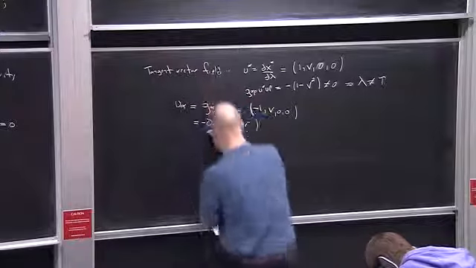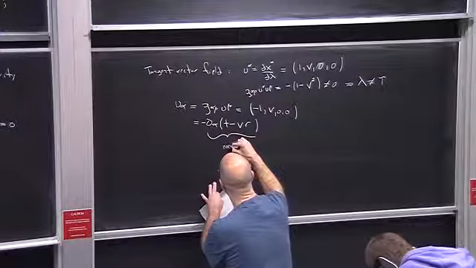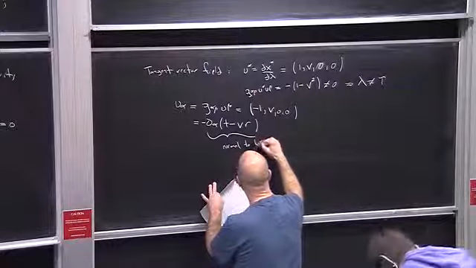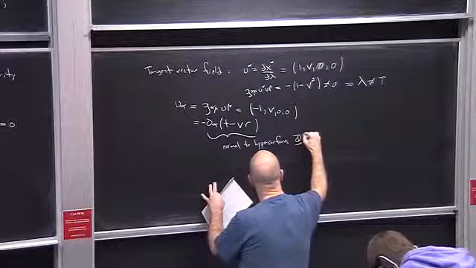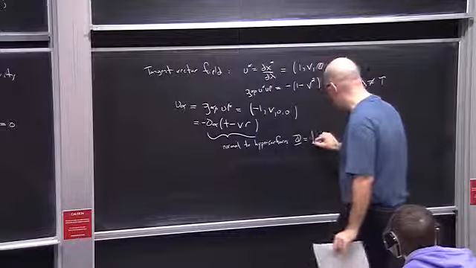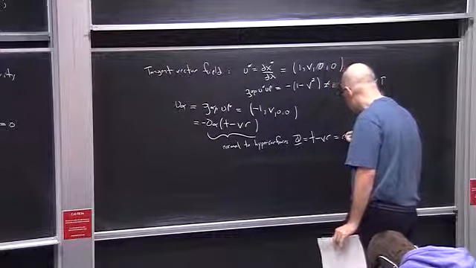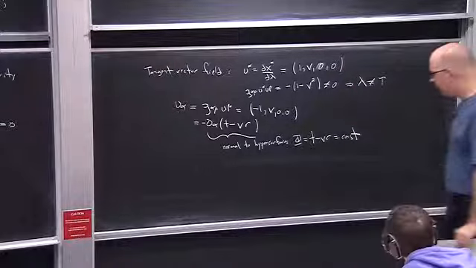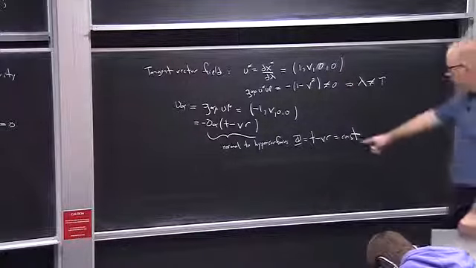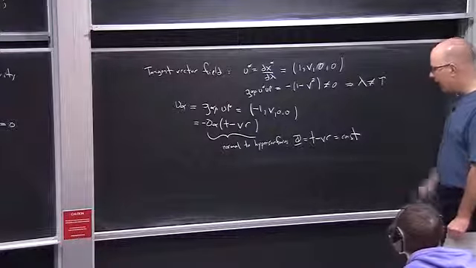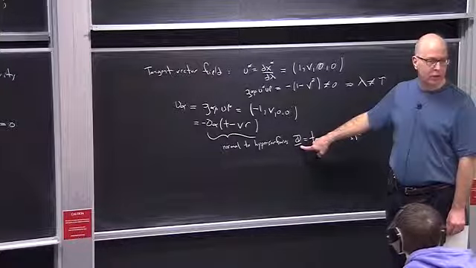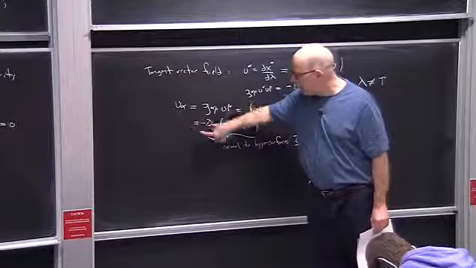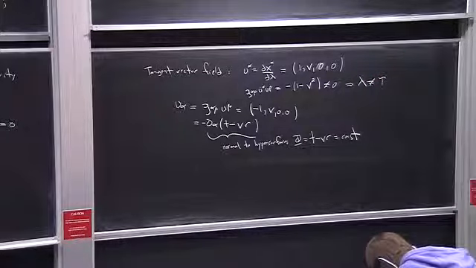So this is normal to hypersurfaces phi equals t minus v over r equal constant. I have a bunch of hypersurfaces like this with a bunch of constants, and the gradient of this function is by definition the normal to those hypersurfaces. What I'm saying is that the velocity field is aligned with that normal, and that's the statement that my congruence is hypersurface orthogonal.